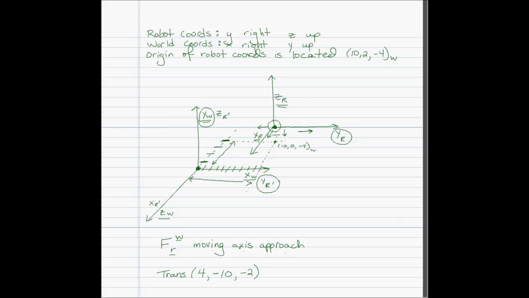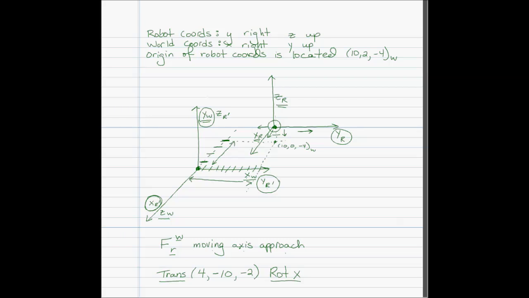So in order to do that, I need to do a rotation about the x robot prime axis, right? We're using moving coordinates, so whatever our current version is, that's what we're doing things relative to. So I'm going to rotate about the x robot prime axis. I'm going to say rotate about x. And of course, this is just rotate x. We don't put any subscripts on that, just like we didn't put any subscripts on the trans.